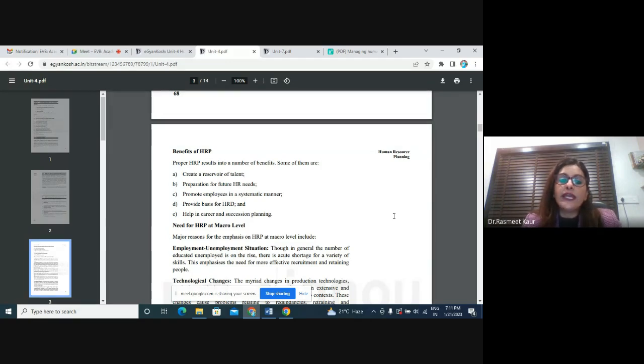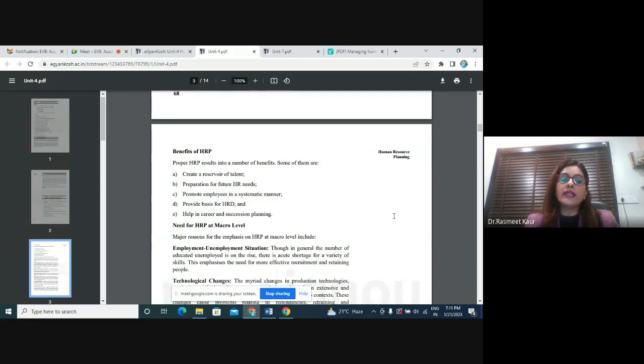Let us move ahead with what are the benefits of human resource planning. When we do HR planning, as I just said, it helps you to create a reservoir of talent because you are doing planning of the human resource which is working with you. So you know who has the best knowledge, skill, ability, talent to do a particular task in the organization.